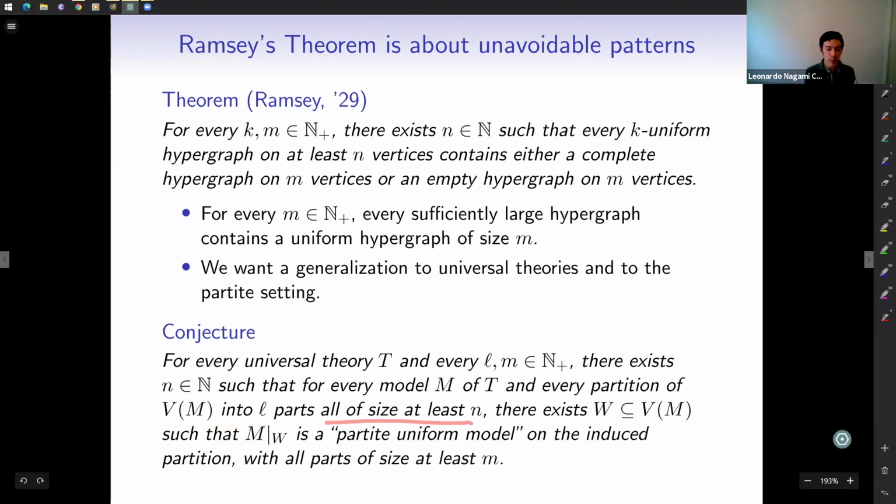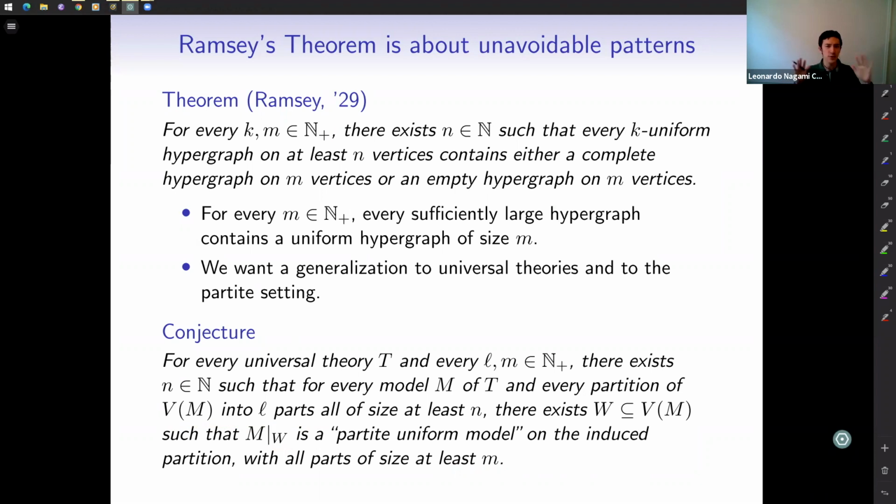And if I restrict my attention to the subset, then I see a partite uniform model, whatever that is, on the induced partition, and all the sizes are kind of large. They have size at least m. So m is given in advance, and I find this n. This is kind of the theorem that I want to find in this general setting.